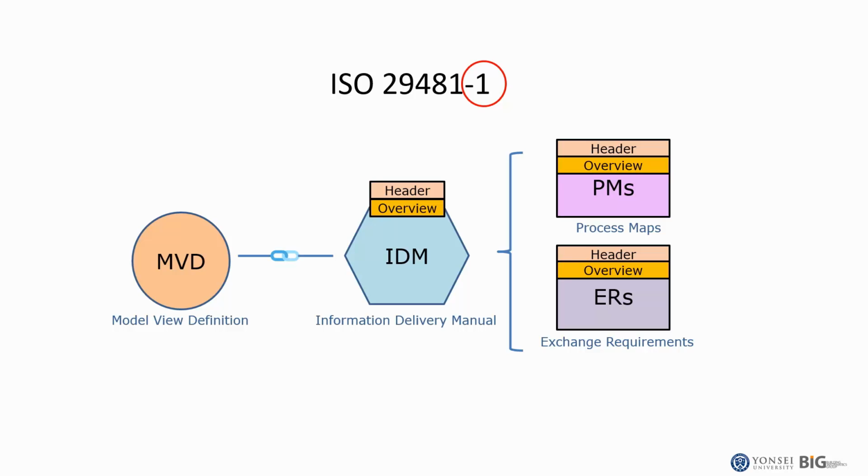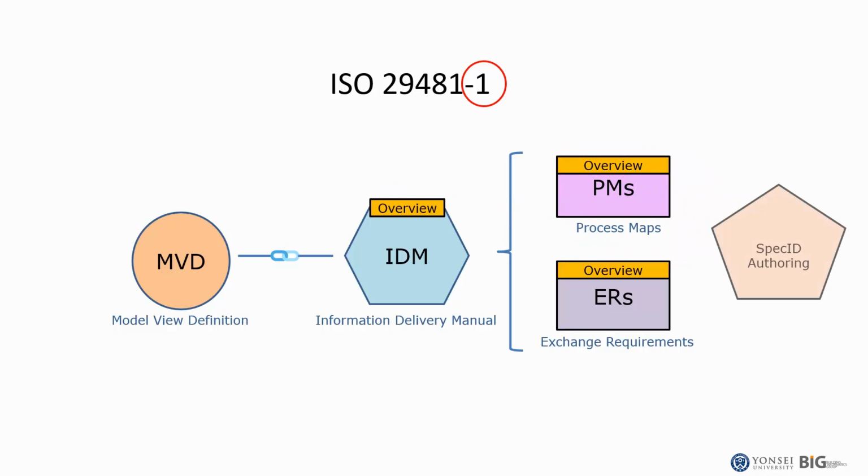As mentioned earlier, ISO 29481 Part 1 requires the inclusion of a header section and overview section in IDM, any IDM specifications. So we interpreted the header, which includes the specification identifiers and a change log and so on, the author information, as the spec ID and authoring elements in the schema.